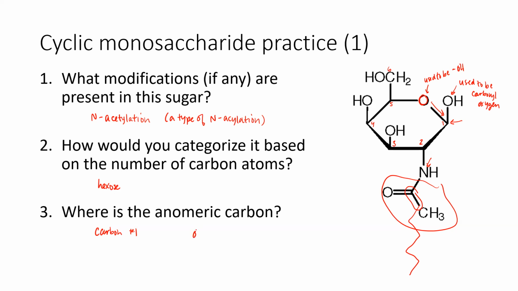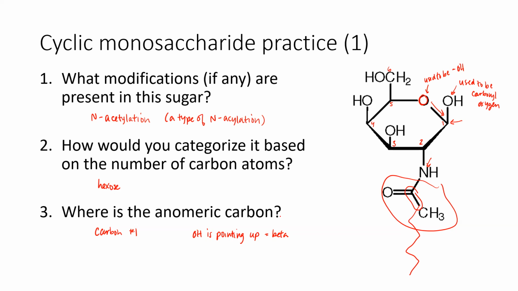The OH is pointing up, and because we have a D sugar, by convention, when the anomeric hydroxyl group is pointing up, it's in the beta configuration. I think I may have given away a future question, but that's okay.